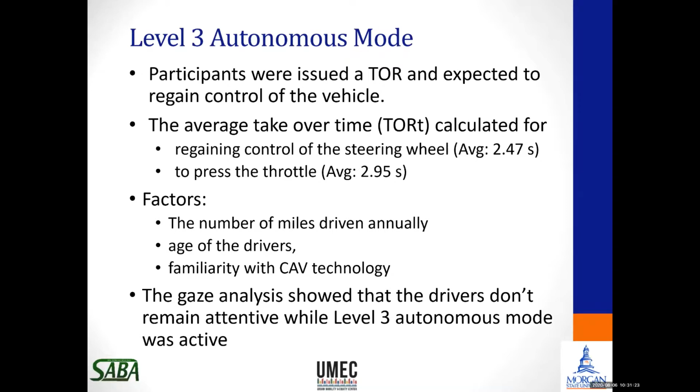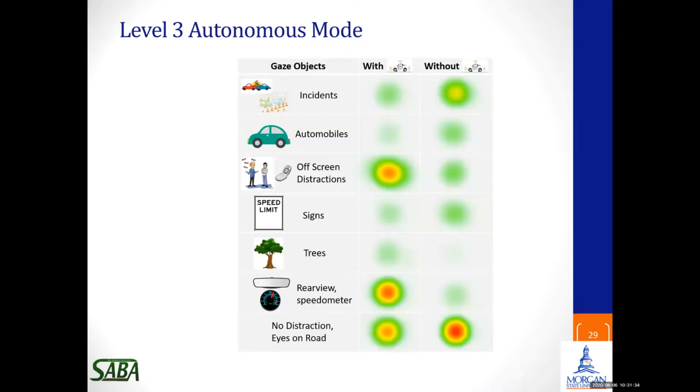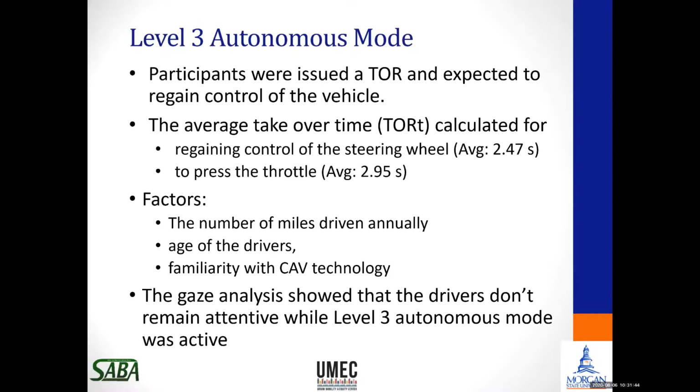So if you are in autonomous mode, you're looking at your cell phone and doing other things. So you have more distraction compared to when you are not. I'm sorry, I had not shown this one. For some reason it was not moving.